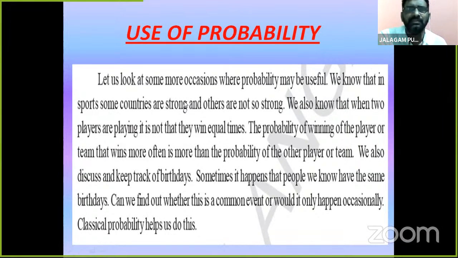Some win and some do not. That is the rule. The probability of winning for the player or team that wins more often is more than the probability of the other player or team. So the probability depends on the players. We estimate that this team will win, because the players are very capable.